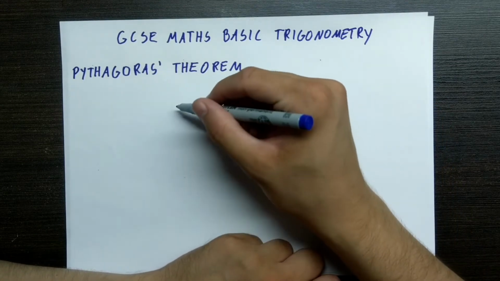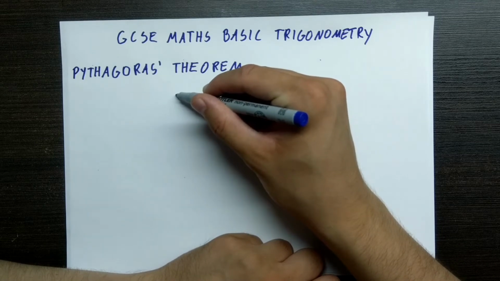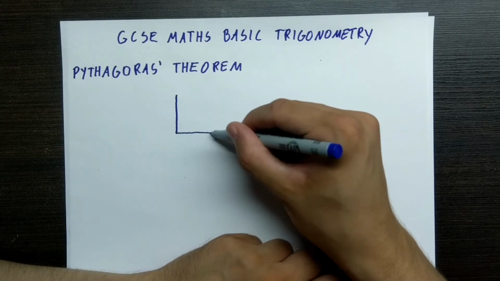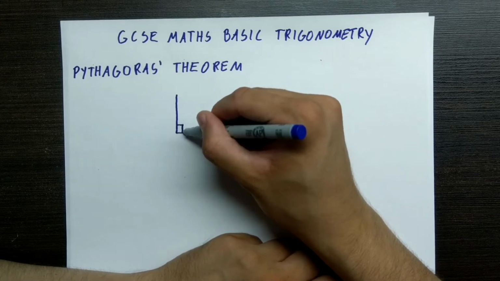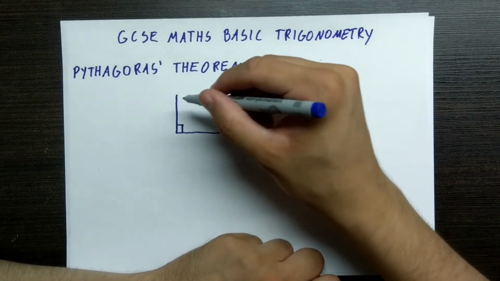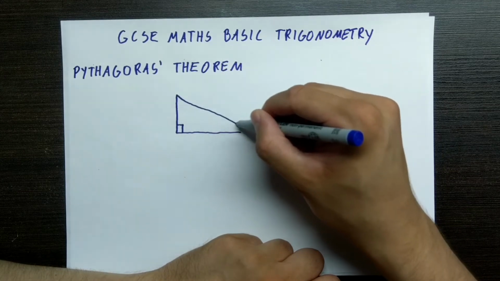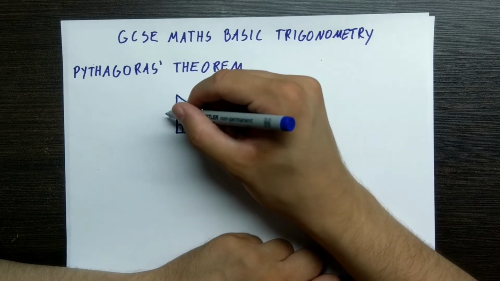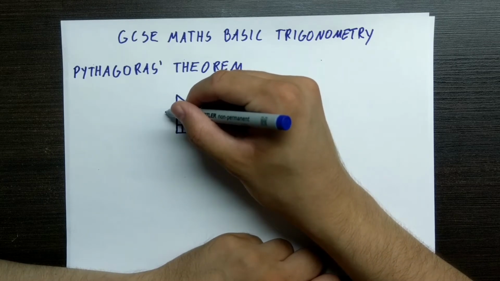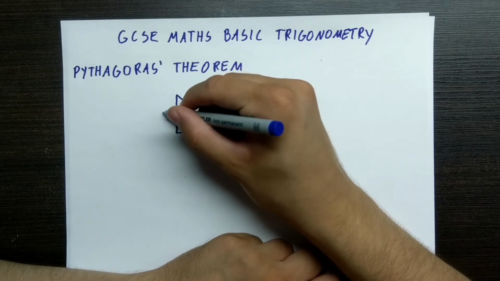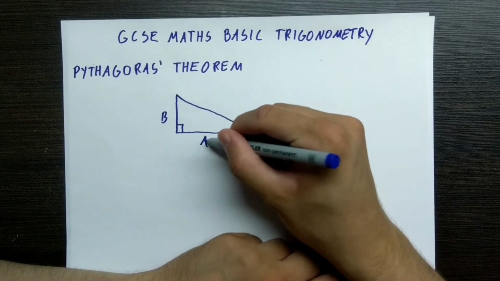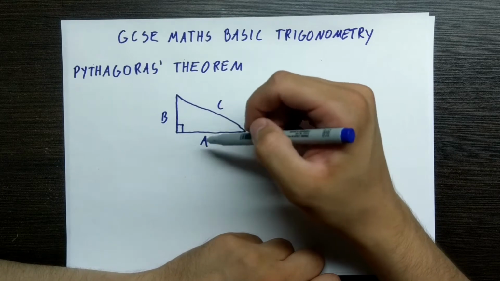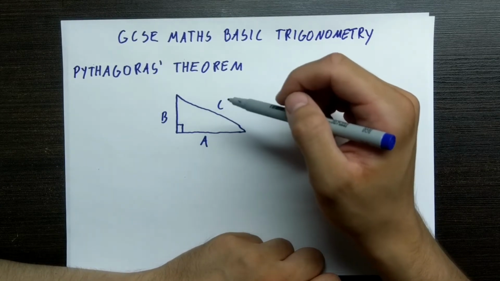What he found was that when you have a right-angled triangle, it has to be a right-angled triangle, if you label your sides like this, it doesn't matter which way these two go, so if you have A, B, and C.